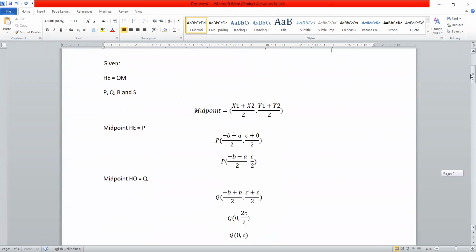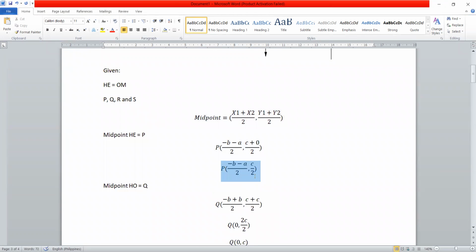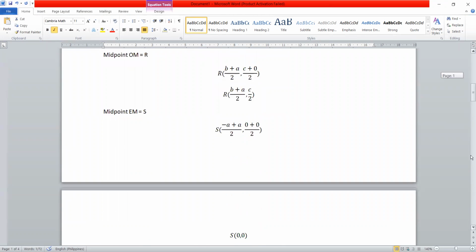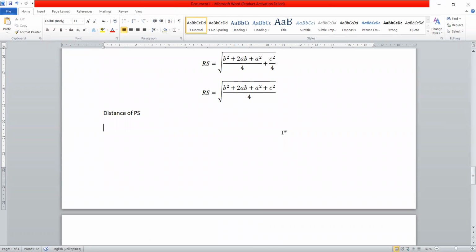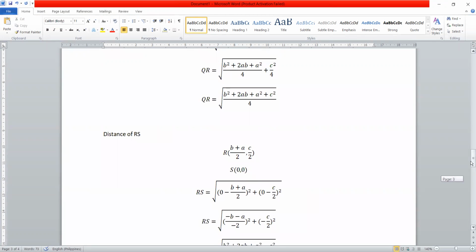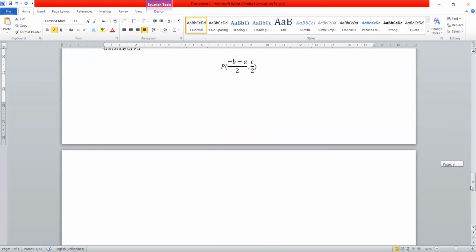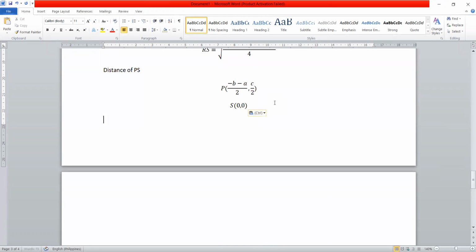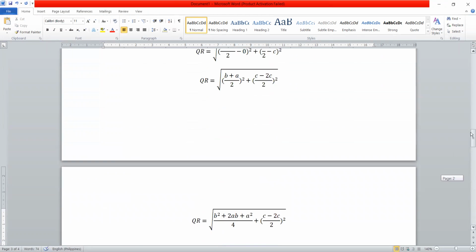So we have to get your point P, and of course your point S, which is just 0, 0. Then your distance formula.